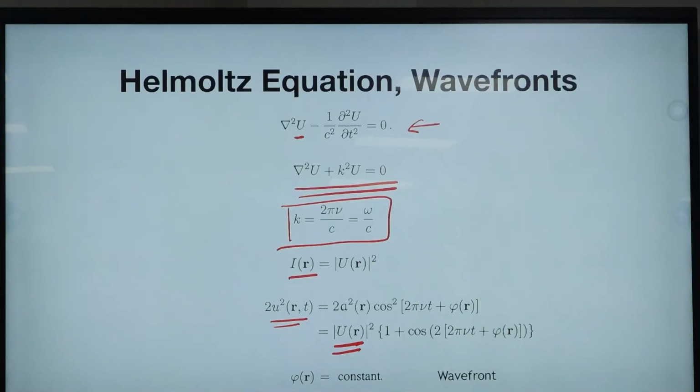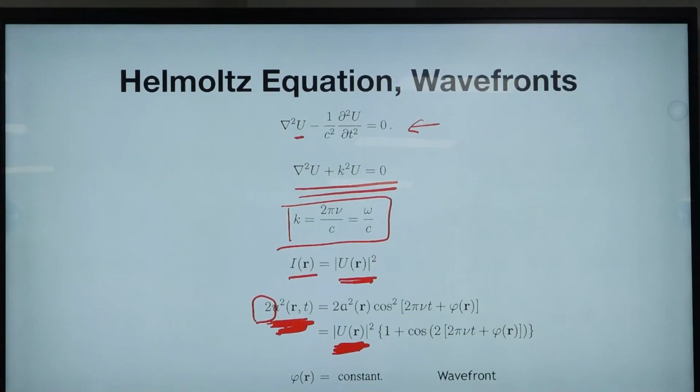So the intensity is capital U of r squared, which can be related to 2 times small u of r squared. The factor of 2 that came in a few minutes ago comes because of this.